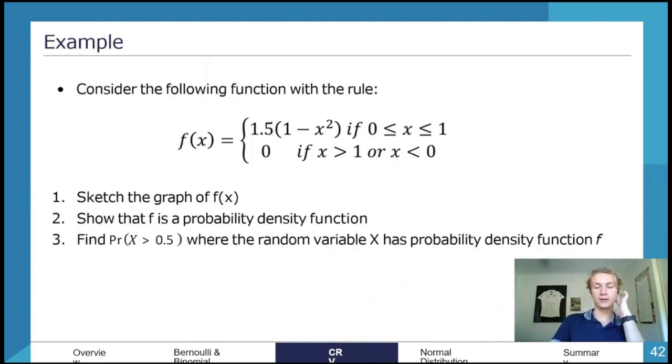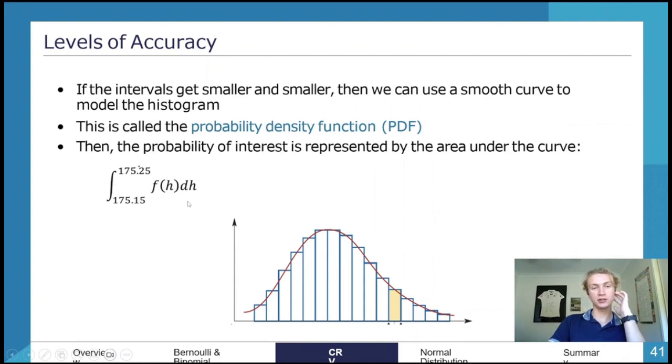And then remember that we've also always got to have this dh, which in simple English means we're looking in terms of h. So we would integrate this function between these 2 points in terms of h. And this function, f of h, we call the probability density function.